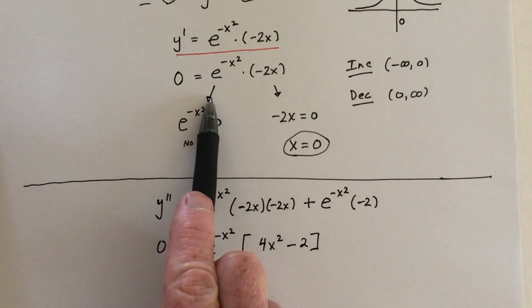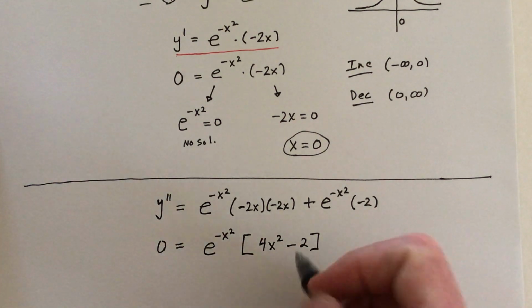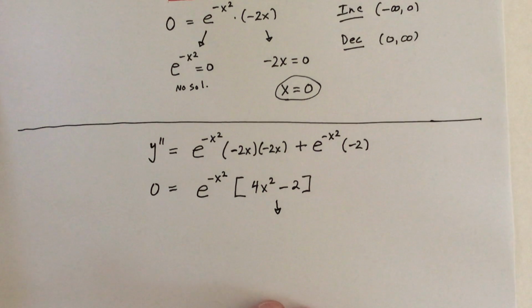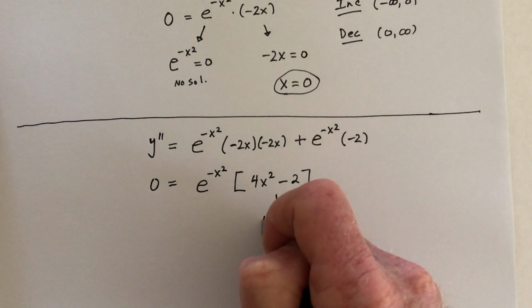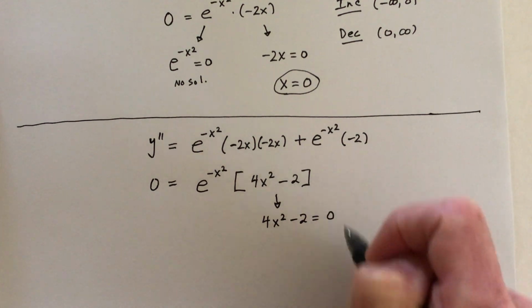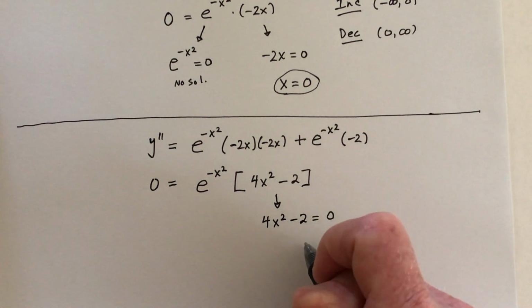And as I said last time, the e function never equals 0, so you could put this equal to 0 and then say no solution, but since there's no solution, don't really have to do that. I just need to put this one equal to 0. So 4x squared minus 2 equals 0. And then add 2 to both sides.